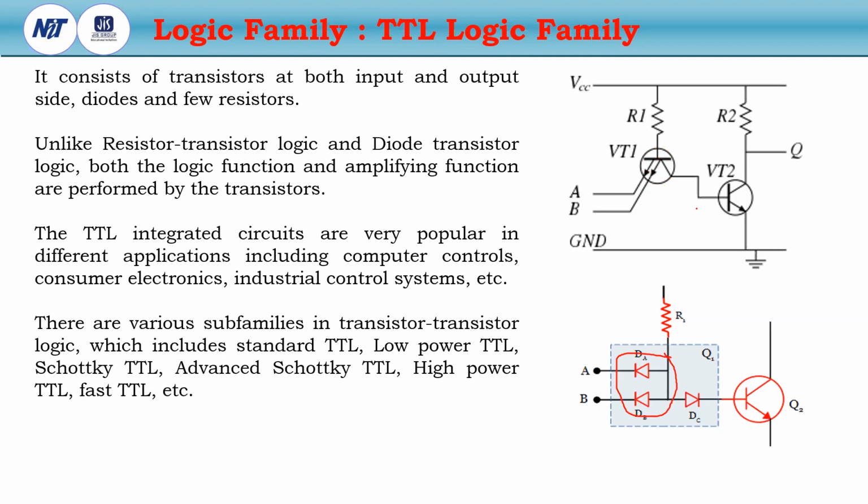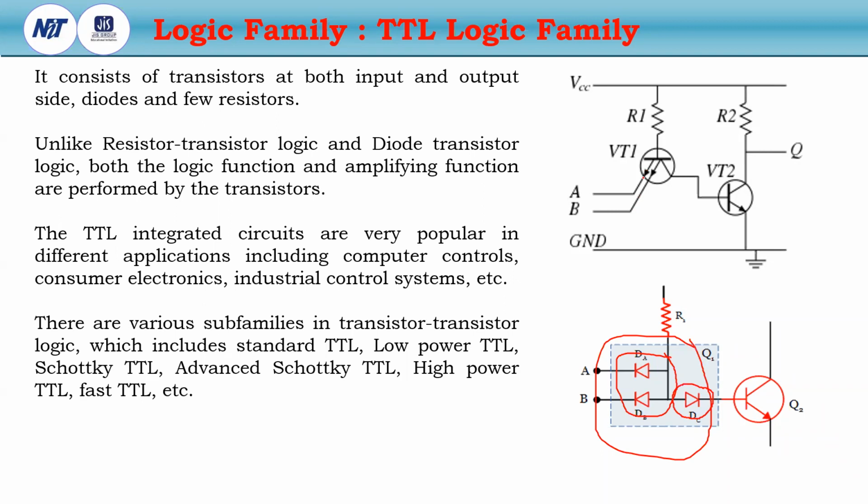This configuration has the P and N, and this is the P and N. This collector junction acts like a third diode, called DC. So this transistor is configured with the 3 diode model.